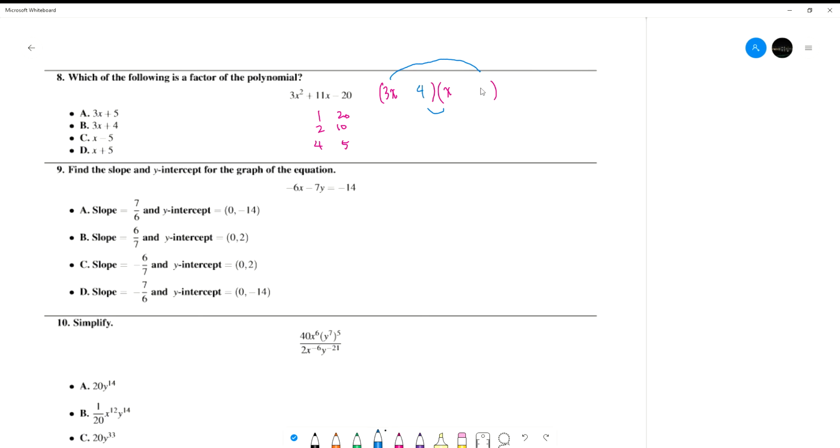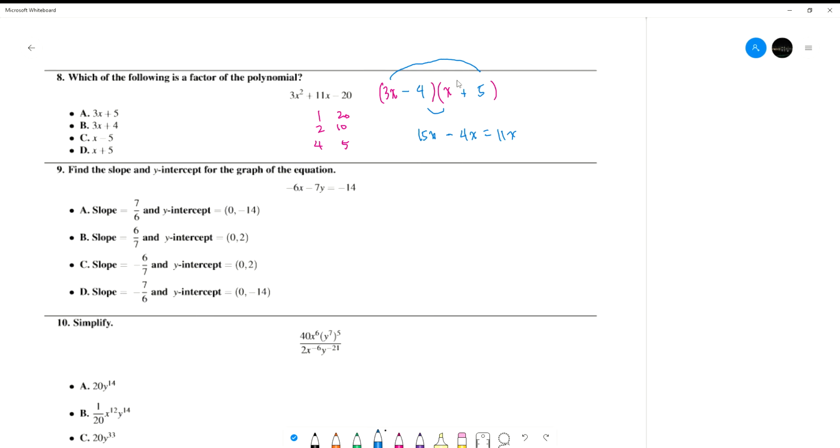So if I put 4 here, I get 15x and 4x. So look at that. If the 4x were negative, right, that means this adds up to 11x. So that means the 5 has to be positive to get positive 15x, and the 4 has to be negative to get negative 4x. Okay, does that make sense?